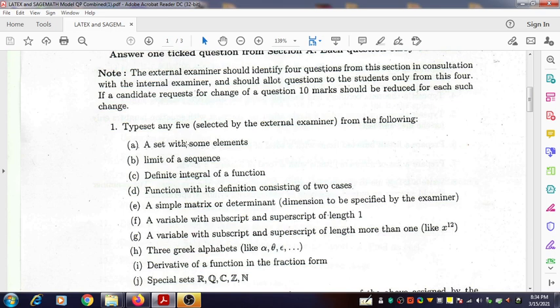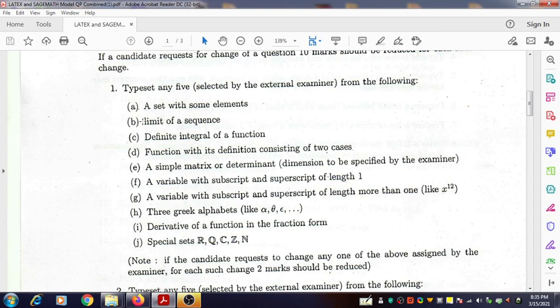The answers to these questions are not very lengthy. Very small answers are expected. So these are very small questions, but they must be selected by the external examiner after consultation with the internal examiner.